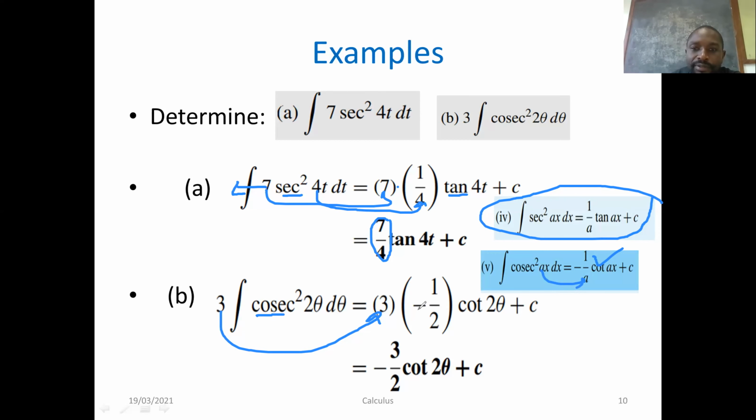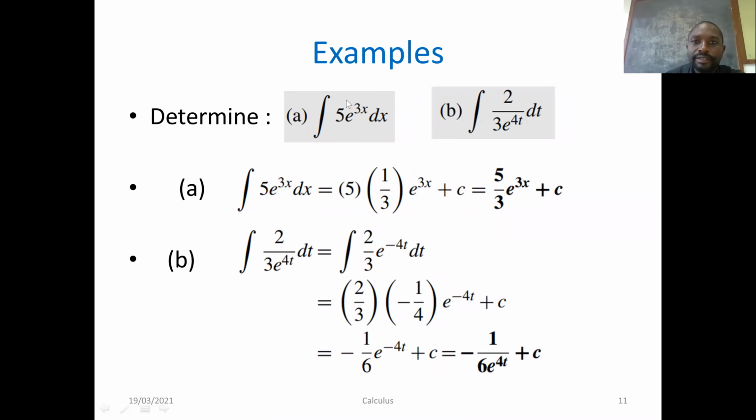Therefore, in this case, we're going to have minus cot 2 theta divided by the 2, where this 2 again is coming from there. And then simplifying the coefficient here, you get minus 3 over 2 cot 2 theta plus c as your integral.